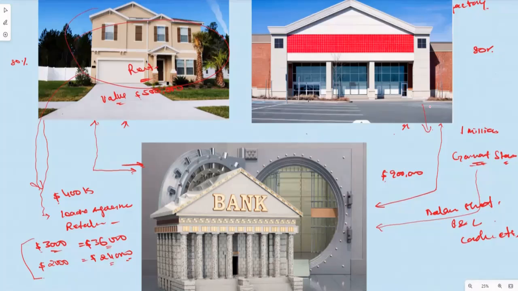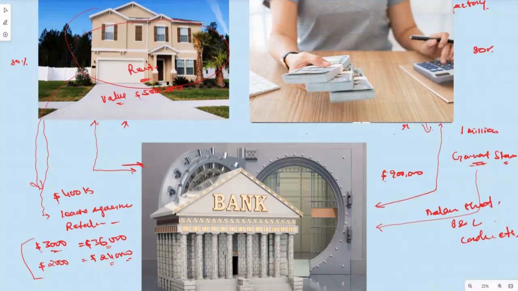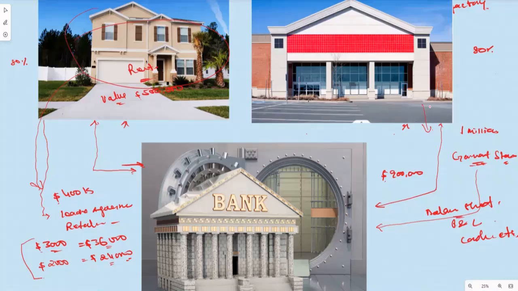Whatever profit I earn after selling the products, the documents which keep those records I need to produce to the bank to show my profit, show my earnings, and to pay back.